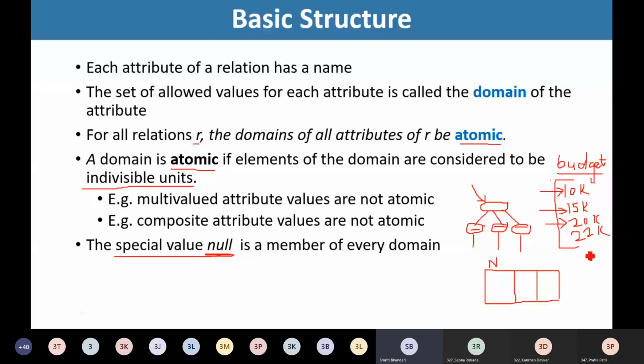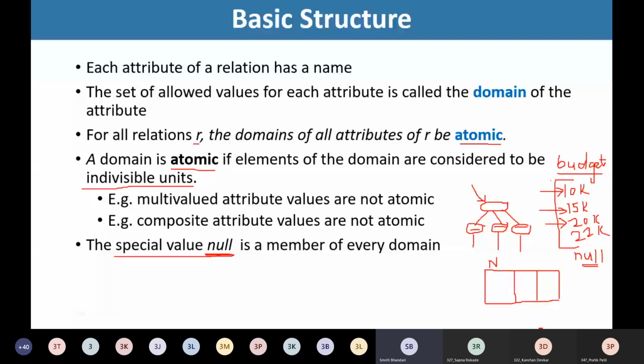But in addition, any domain always has a null value, which is a member of every domain. So along with all those values, I have one more special value, and that is null.